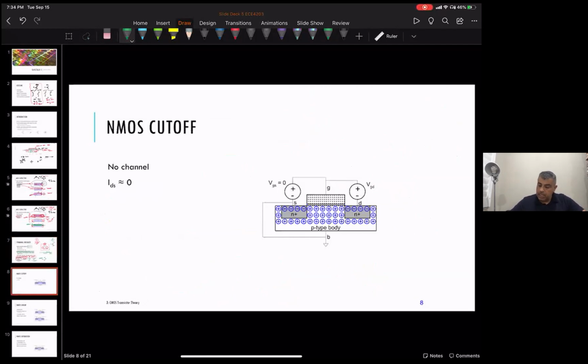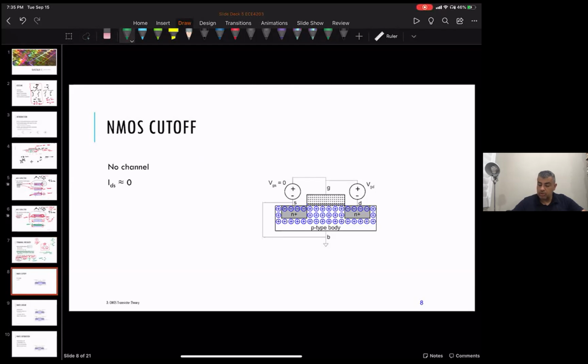All right, so let's walk through these. When the gate source voltage is 0, it doesn't matter what the gate drain voltage is.